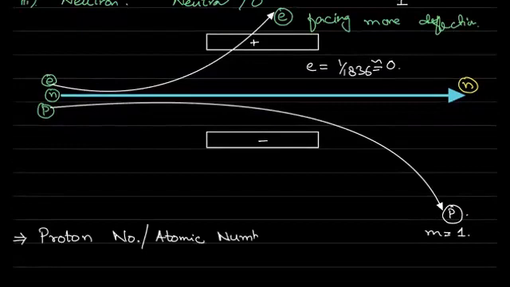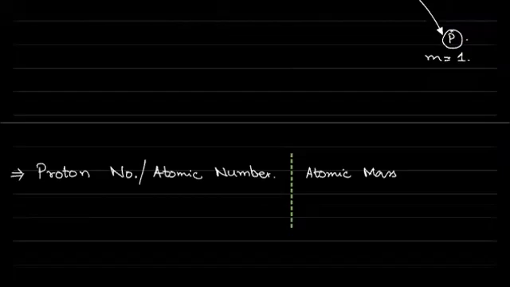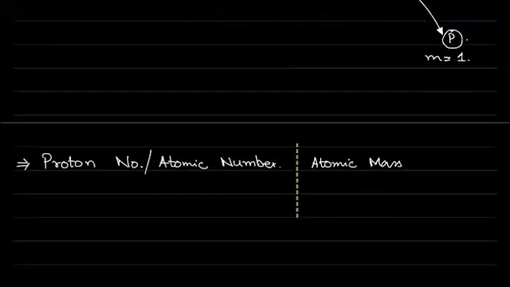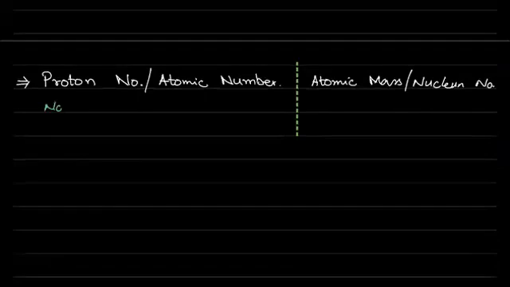And the second term you must know is atomic mass or nucleon number. Now, atomic number or proton number is the number of protons present inside the nucleus of an atom.